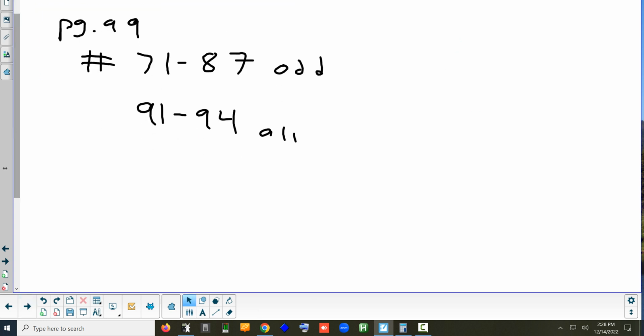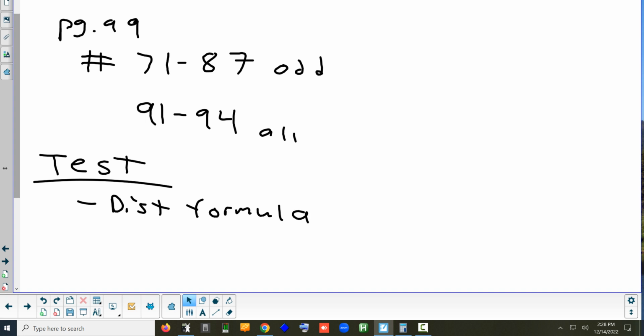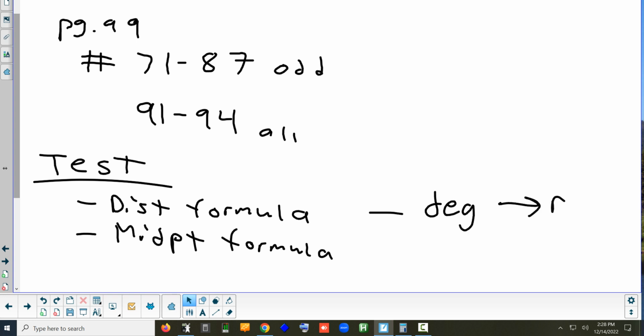Okay, so what is on the test tomorrow? It's going to be distance formula, midpoint formula, changing between degrees to radians and radians to degrees, arc length, and area of a sector.